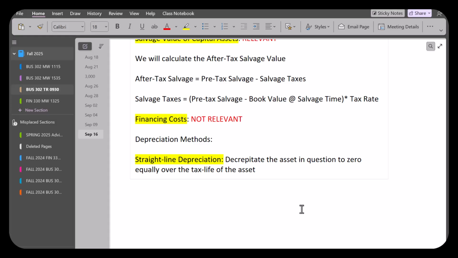If you bought a truck, I think trucks are 5 years. Machinery could be 7, 10, 15, depending upon what it is. And physical real estate, not land, buildings, I think it's 20 years or something like that. In any case, this is not an accounting class. We're not going to worry about those. But the IRS actually tells you for each asset what the tax life is.